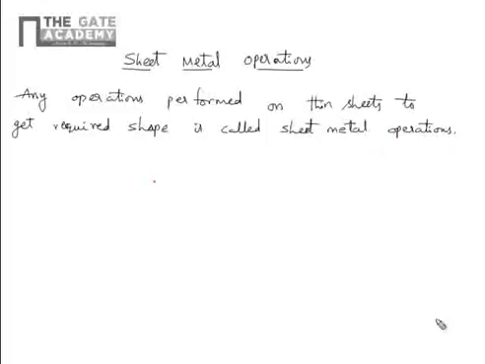Sheet metal operations are majorly divided into two types: sheet metal cutting operations and sheet metal forming operations.